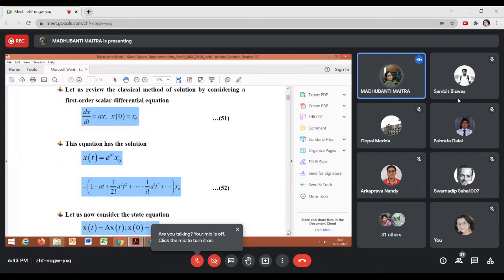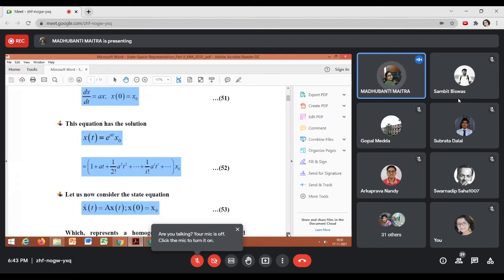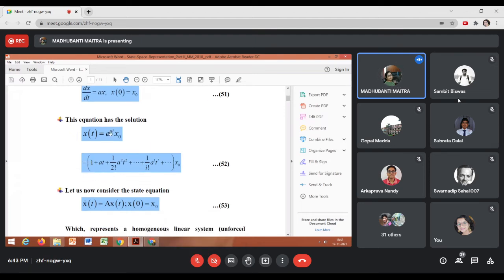Now we can expand e to the power at. So x(t) could be written like this: 1 plus at plus 1 by factorial 2 a squared t squared plus dot dot dot 1 by factorial i a^i t^i.